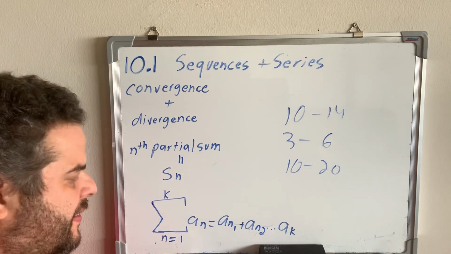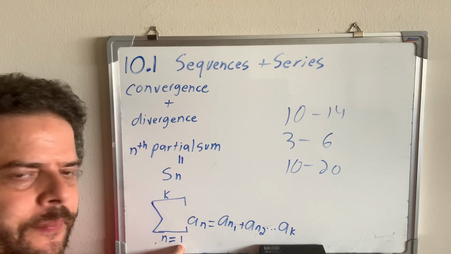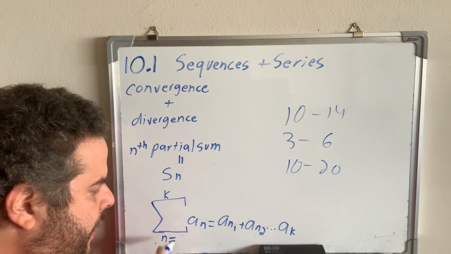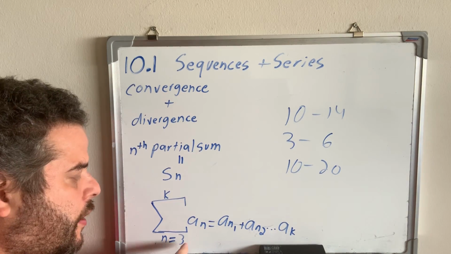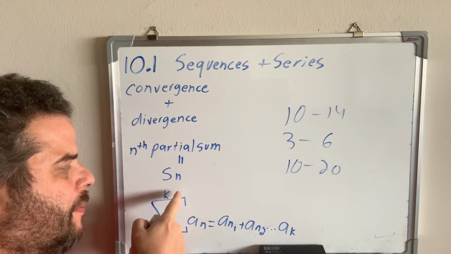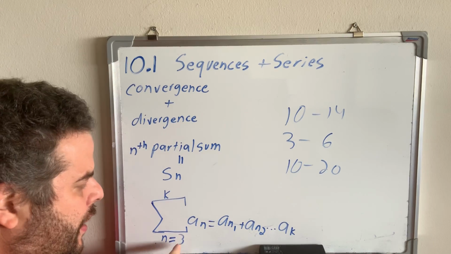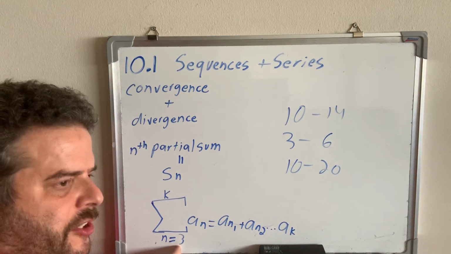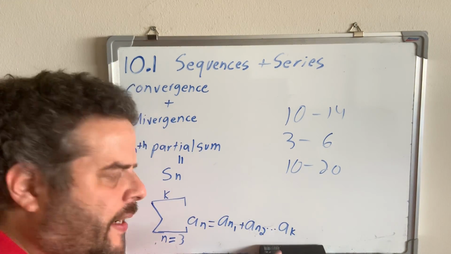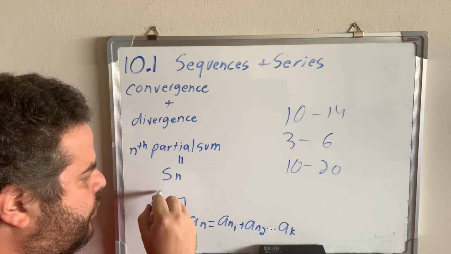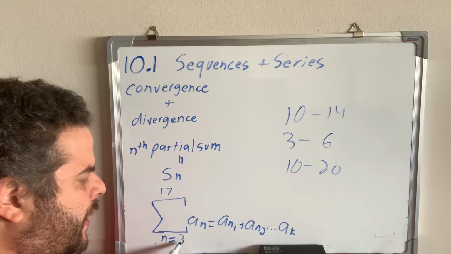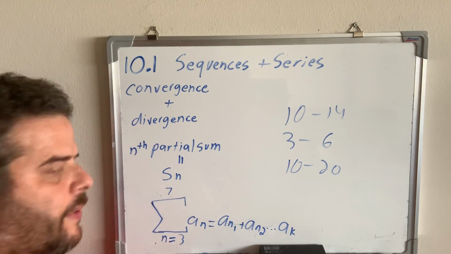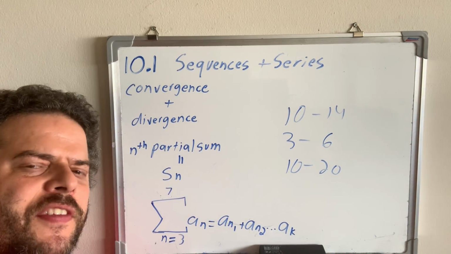Here, I set the lower bound as 1, but the lower bound could be any number. One thing to keep in mind is the lower bound has to be smaller than the upper bound, because the lower bound tells me where I'm going to begin adding, and the upper bound tells me where I'm going to finish adding. So here I'm going to begin at the 3rd term, and let's make it easier, I'm going to finish on the 7th term.